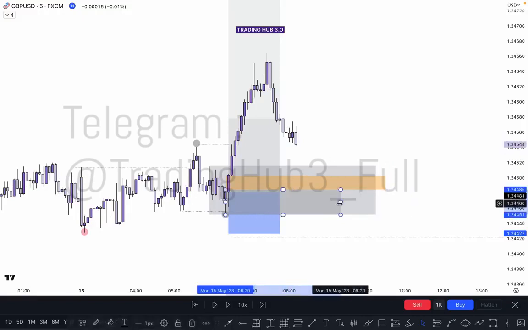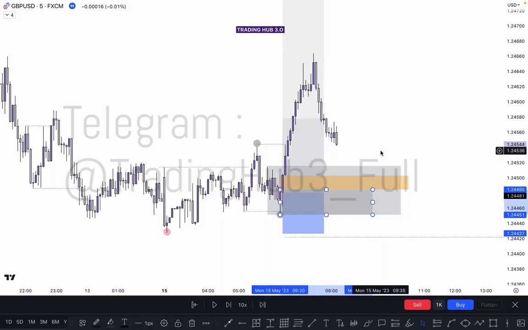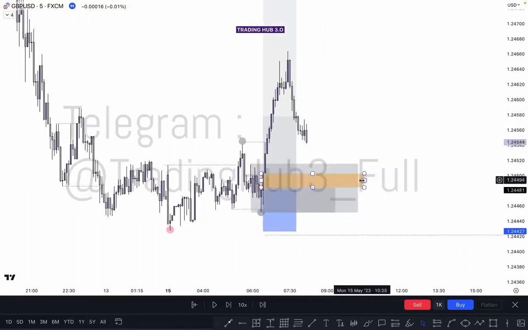In that situation, the market does not fill your order block because the order block is a refined version of the order flow. That's why. So simply you can choose whatever you want. If the order flow is smaller, then you can choose the entire order flow. If the order flow is larger, then you have to choose inducement, FVG and order block for refinement purposes.